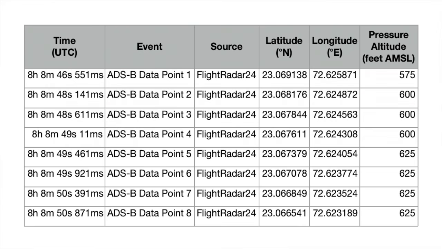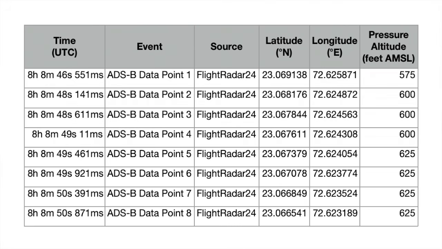Flightradar24 reports pressure altitude, not true geometric altitude. And with a QNH of 1001 hPa, the runway itself corresponds roughly to 515 feet pressure altitude.